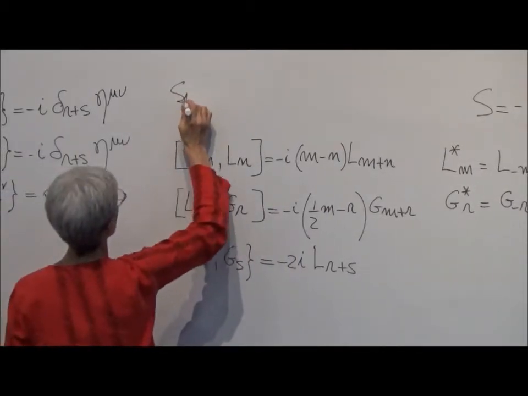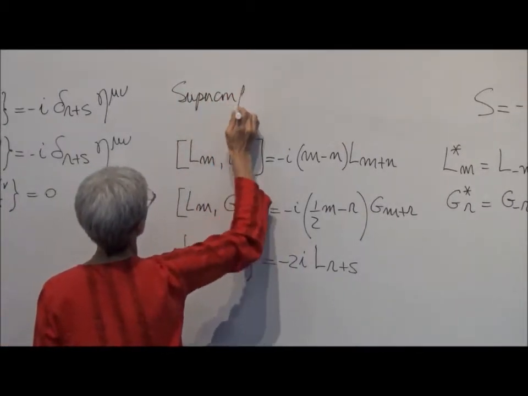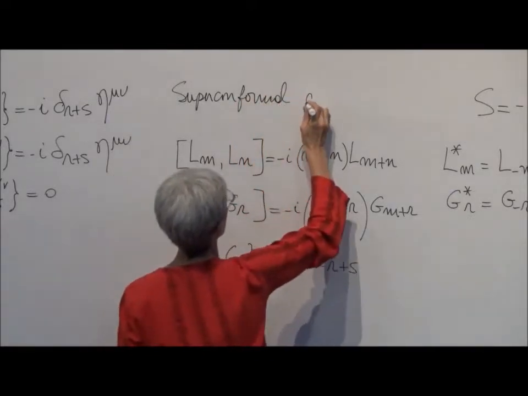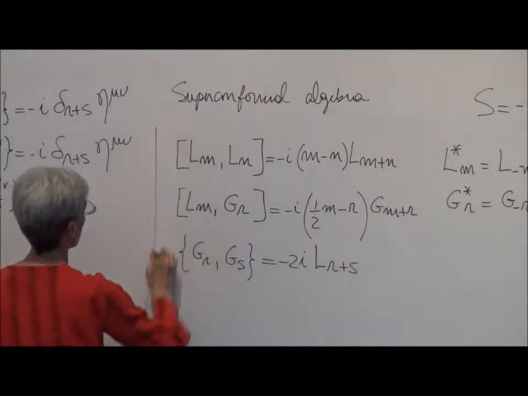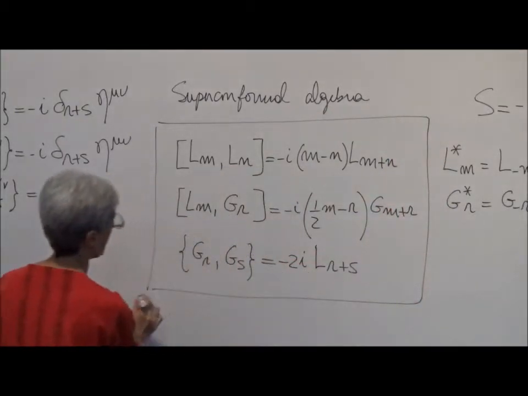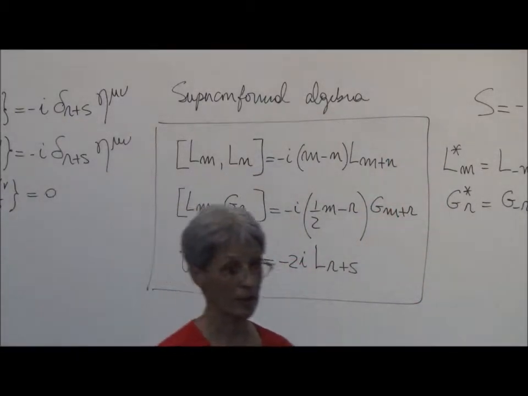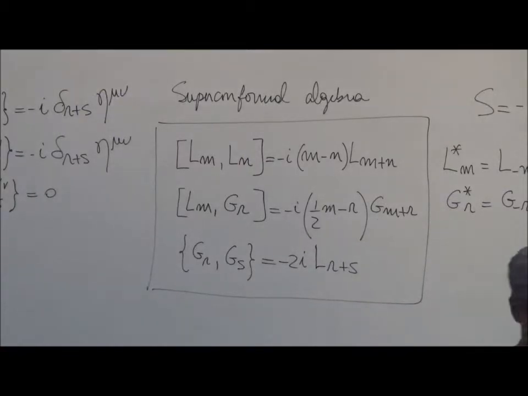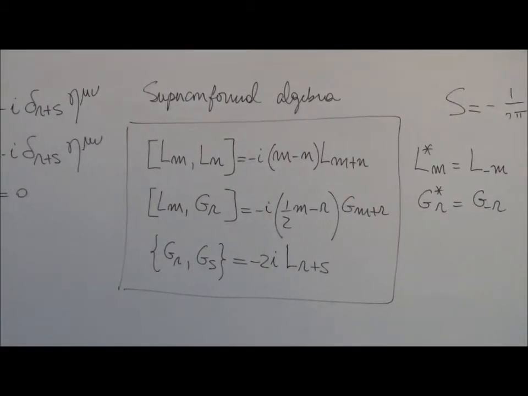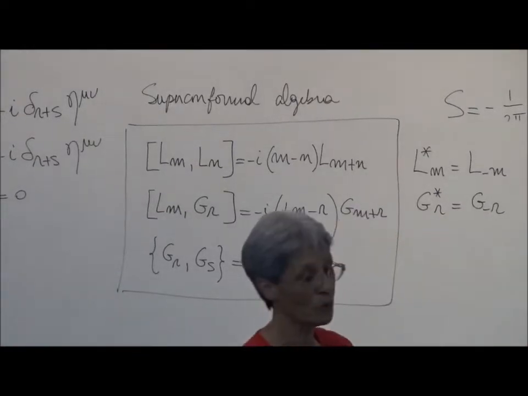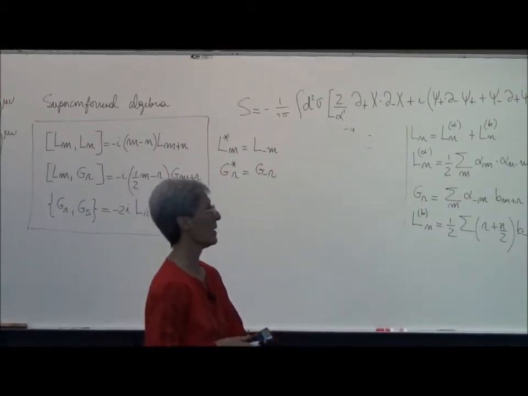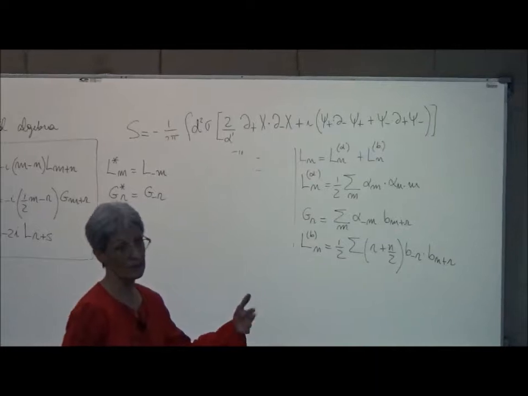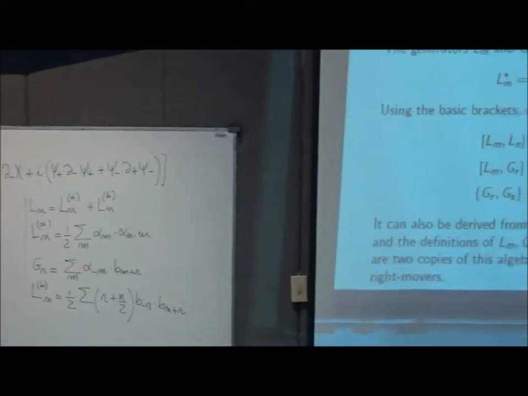And this is the classical N equals 1 superconformal algebra. There are several ways to derive it. One can derive it from the Poisson bracket. Essentially it boils down to computing commutators between the oscillators. One can use it for the T plus plus, T minus minus, etc. Or simply replace the oscillators in the definition of these generators.